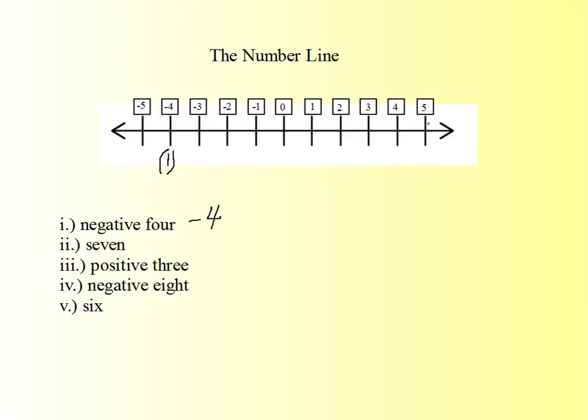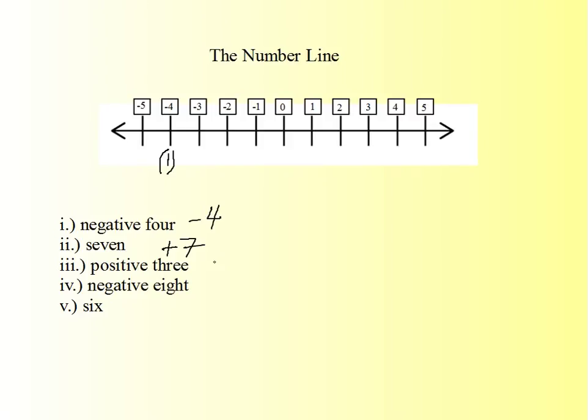Well, 7 would be on this side of the number line, and note that all the numbers, the negative and the positive, go on forever in each direction to infinity. So 7 is written like that, and I don't have to write the positive sign, but I could for the sake of completion.